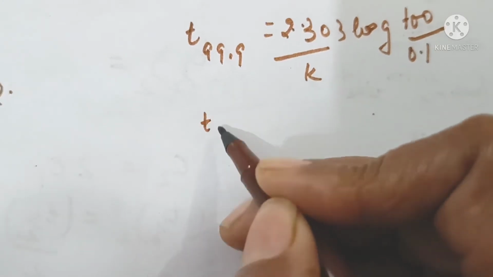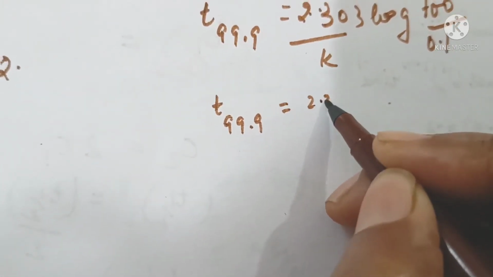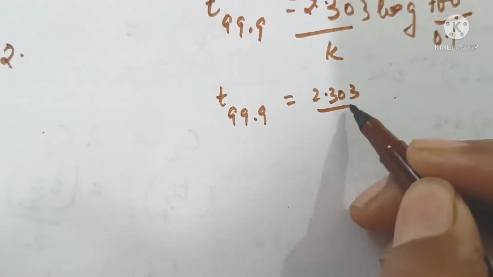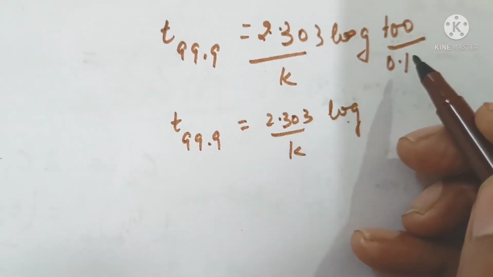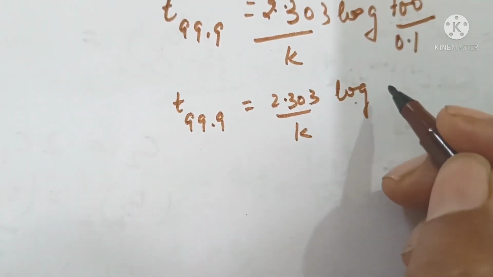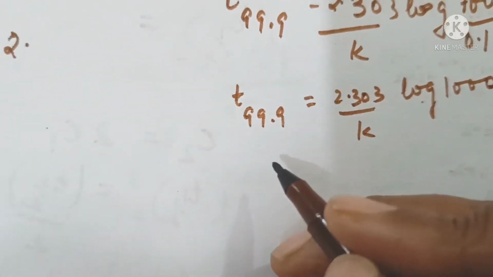So this becomes T 99.9 is equal to 2.303 upon K log of 0.1 upon 100, and we get log 1000.